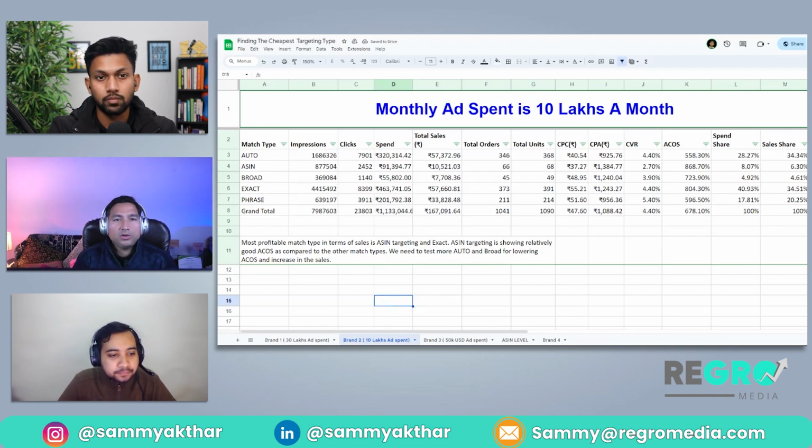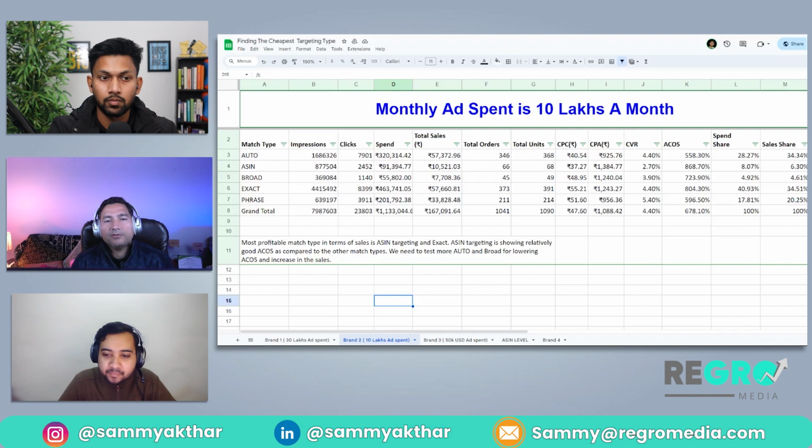So they can invest in something like that, where they can go for such a direct keyword. But for a brand like this, one of the highest ACOS is the exact match. So match type wise, exact is something that you have to be very careful with. Don't mistake it for any other category where we go for our ranking campaigns. In such categories you have to be careful when you go for exact match.